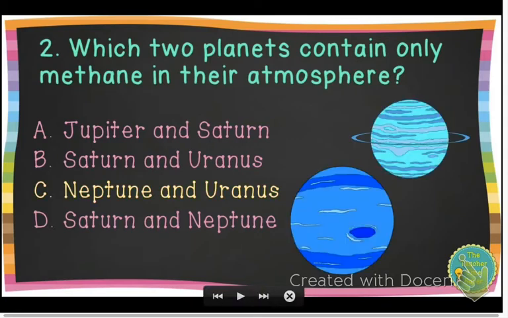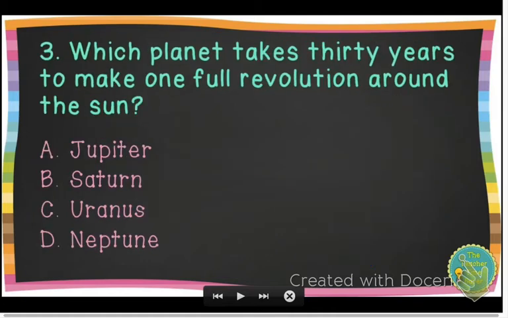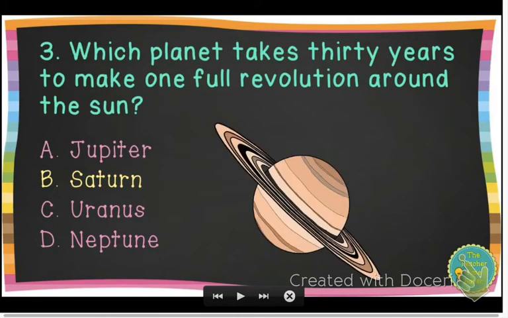The answer is C. Neptune and Uranus. 3. Which planet takes 30 years to make one full revolution around the Sun? A. Jupiter, B. Saturn, C. Uranus, or D. Neptune? The correct answer is B. Saturn.